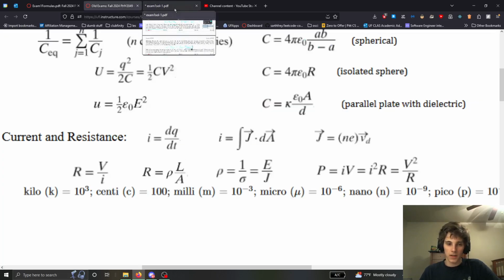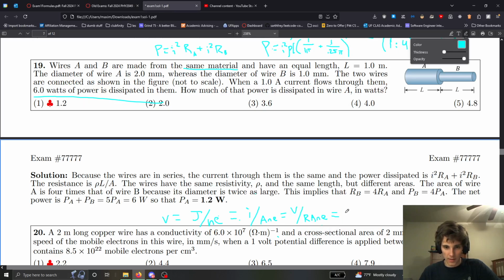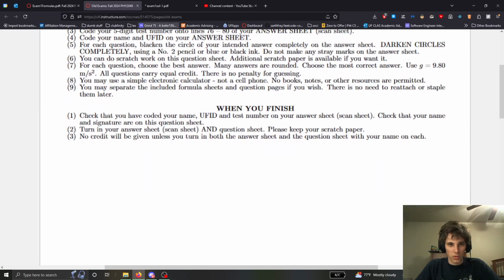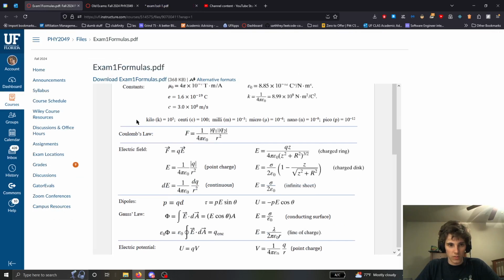So R is going to be equal to L over sigma A. So V sigma A over L A N E. The A's cancel here, thankfully. And we get that it's equal to the voltage, 1, times the conductivity, 6, divided by the length, 2, divided by N, 8.5, divided by E, which is 1.6, I think.